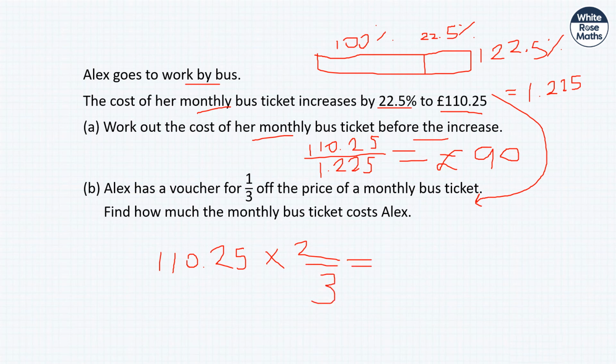Divide by the denominator, times by the numerator. So 110.25 divided by 3 and then times by 2, and I get £73.50. So that's how much it now costs.